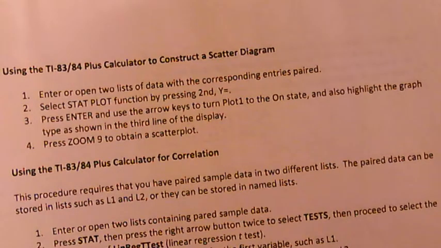You enter two lists of data with the corresponding entries paired. Then select stat plot by pressing second and then y equal, then enter and use the arrow keys to turn on plot 1 to the on state, and also highlight the graph type shown in the third line of the display. Then press zoom 9 to obtain the scatter plot.